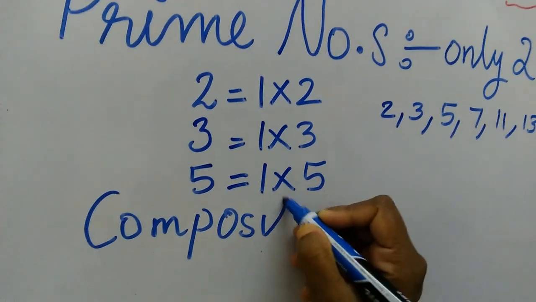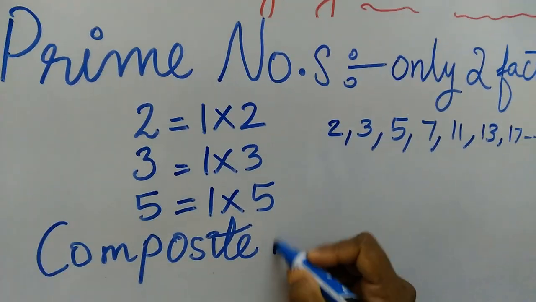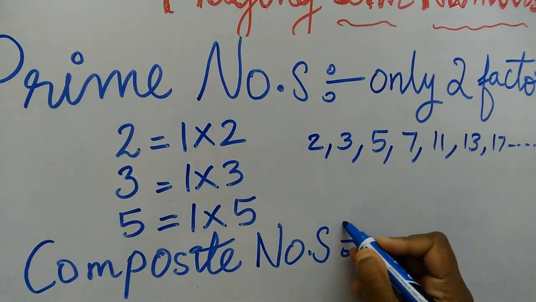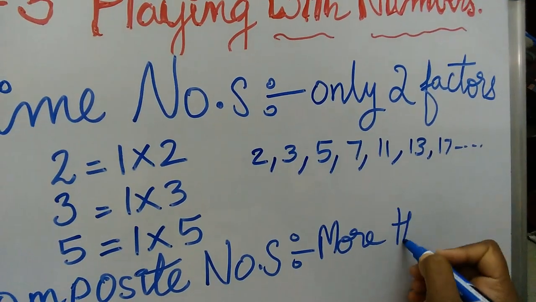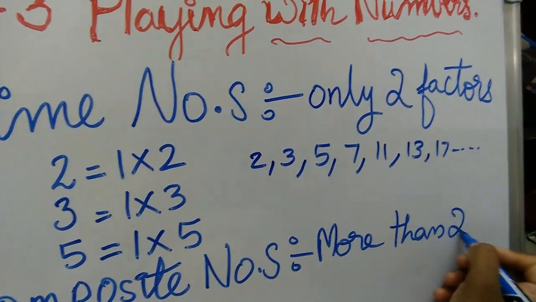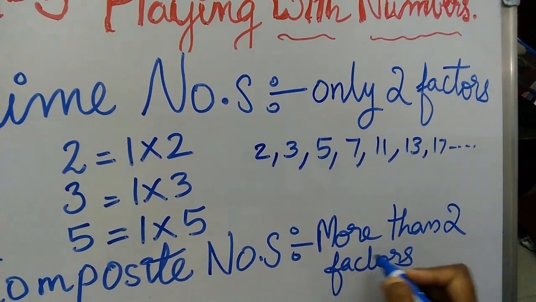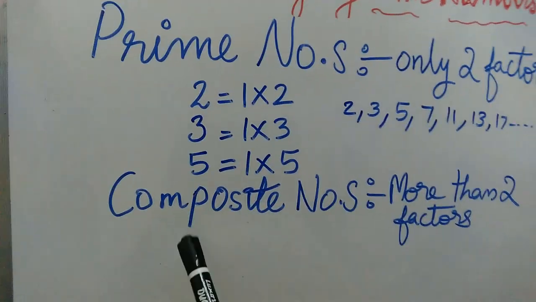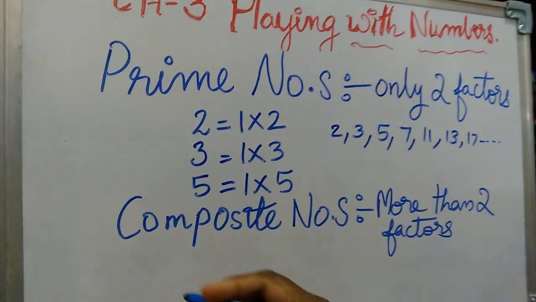Now next is composite numbers. A composite number means a number having more than 2 factors. Here a prime number has only 2 factors; in a composite number, more than 2 factors.